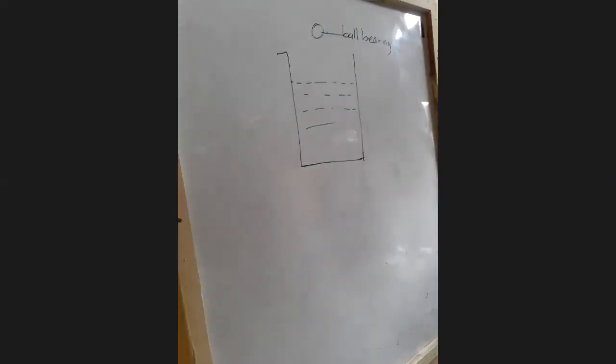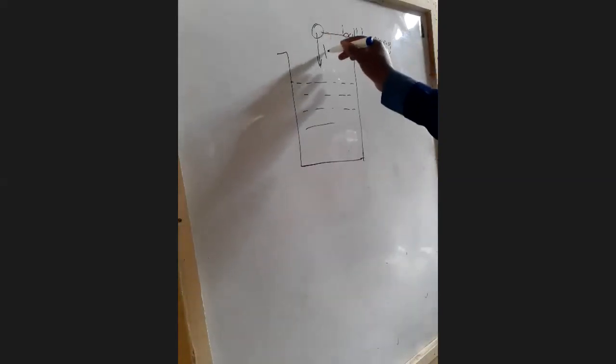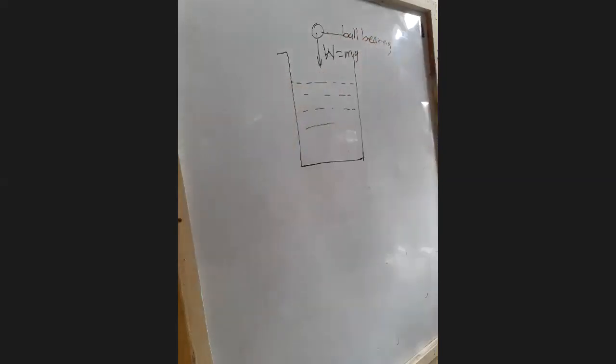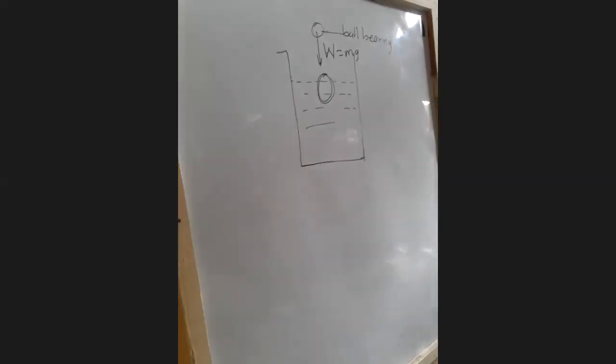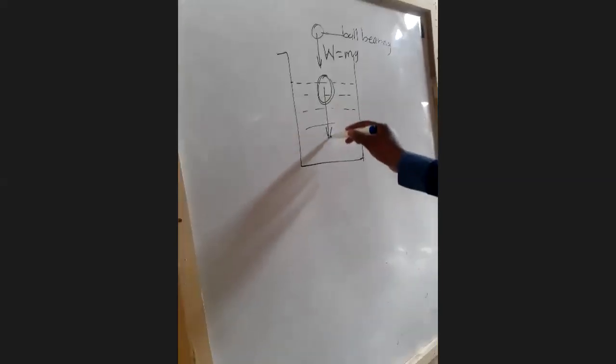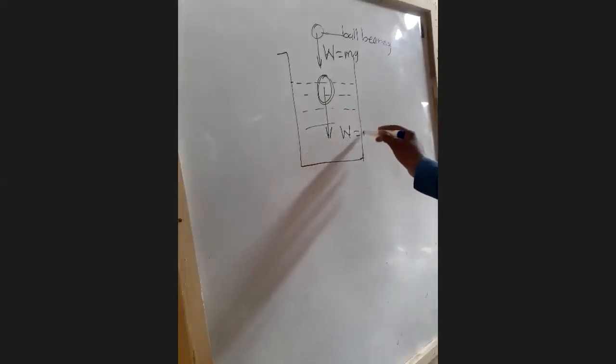Everybody on Earth is going to carry its own weight, so that is always the first force, the weight of the body, which is given by mg. When this body gets in contact with the liquid, there is a force it is going to exert down, which is still its own weight.